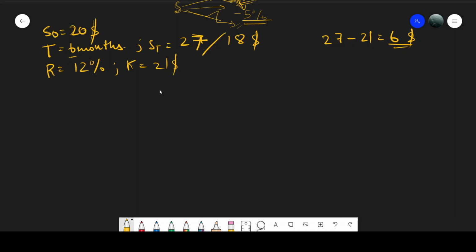Now let's go on to pricing this. Let me just draw the model here. The binomial model is basically drawn like a tree. In 6 months, it's going to be $27 or $18.